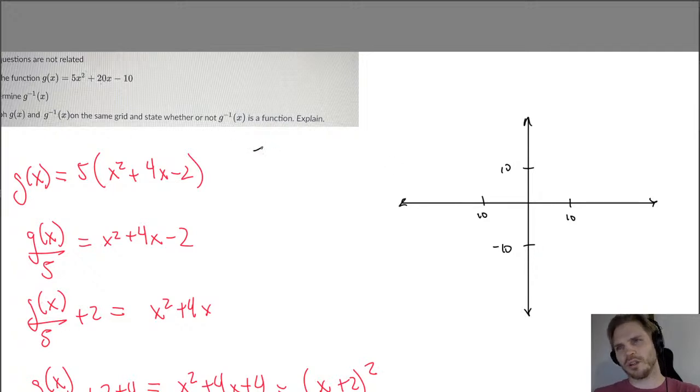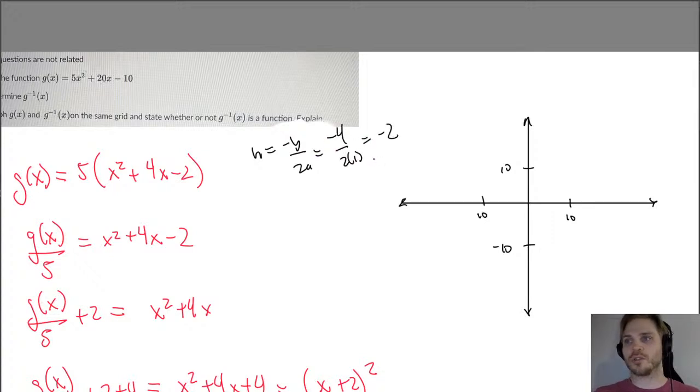Negative b over 2a equals negative 2. Okay, so I'm looking at just this portion for a second. I'm going to find the axis of symmetry. So h is negative b over 2a. Gives me negative 4 over 2 times 1 is negative 2. So I know the axis of symmetry is negative 2 for that.